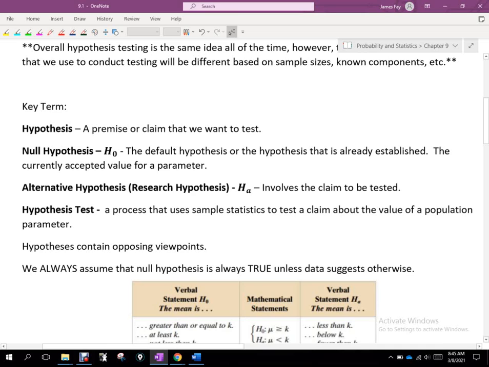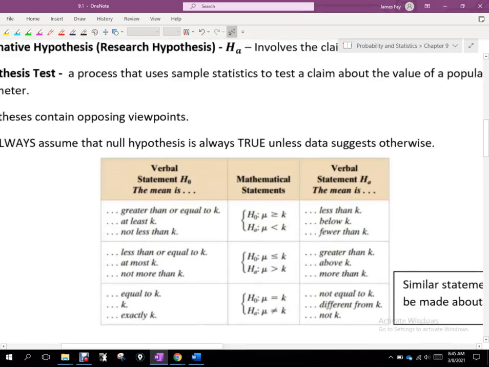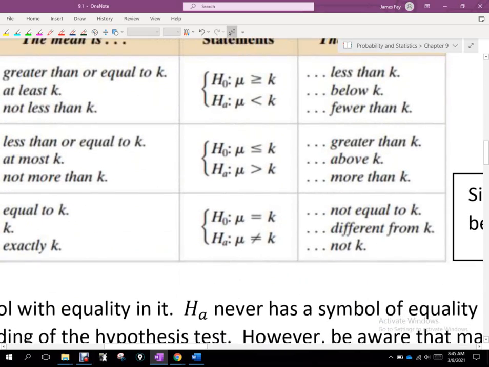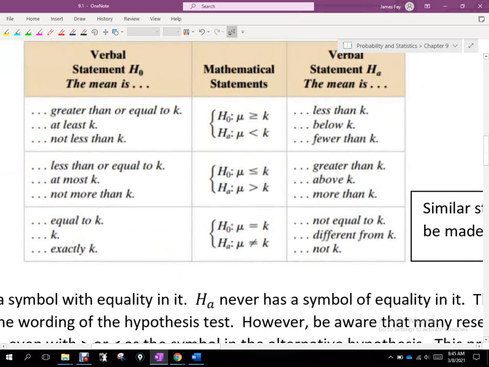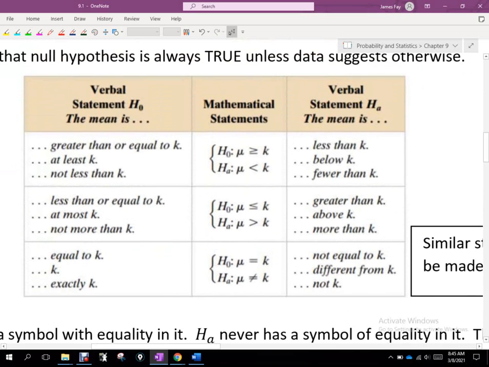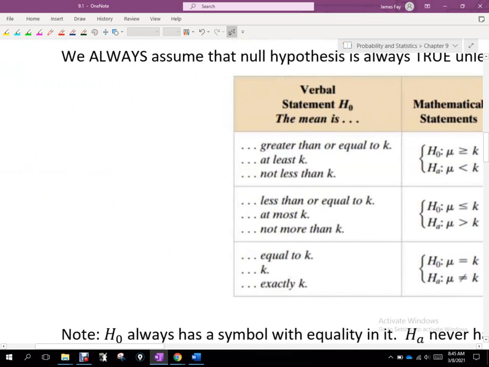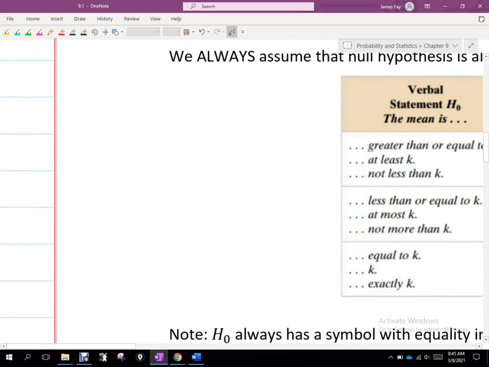So here are some verbal statements that you will see. Let me show you this real quick before we do anything. When we write a null hypothesis, every single time that we come across a scenario that we want to test, we will identify two things.